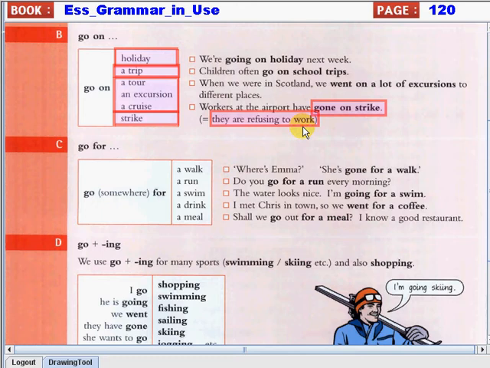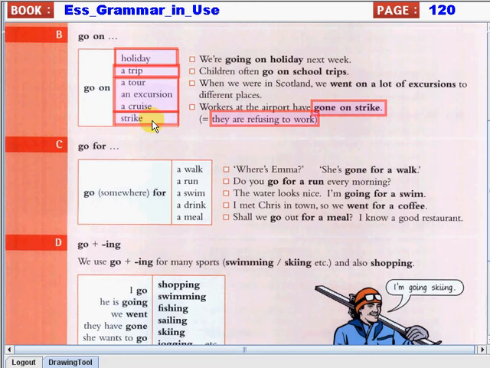Maybe something bad happened to them. So again, the next time you use the word go on with the following words, make sure that you use the rule.